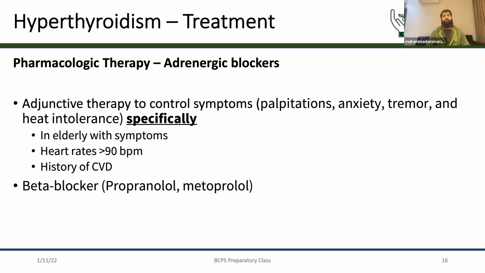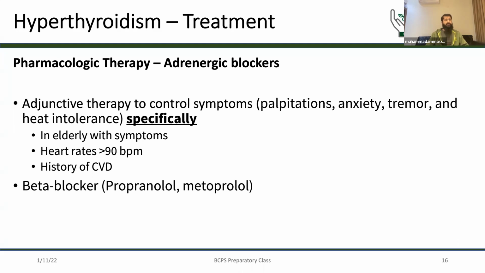For example, if the patient is having palpitations, anxiety, tremors, or heat intolerance, which are classical symptoms of hyperthyroidism, then you can add a beta blocker, for example, propranolol or metoprolol, specifically in patients who are elderly and symptomatic, whose heart rate is more than 90, and who have a history of cardiovascular disease. Then there is a recommendation to add a beta blocker.